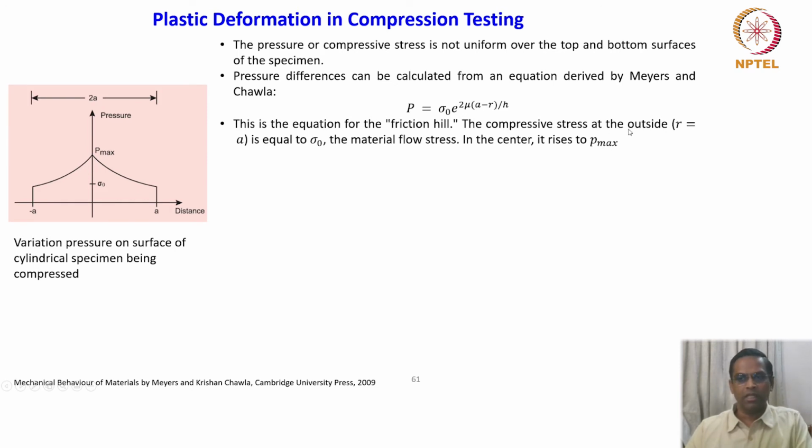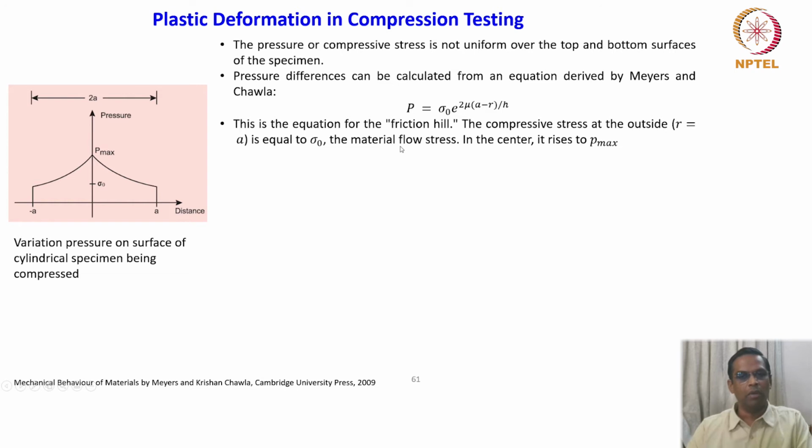The compressive stress at the outside, that means when R is equal to A, if you put R equal to A, then this equation becomes P is equal to sigma naught, right? So up to this point there is no friction hill effect.